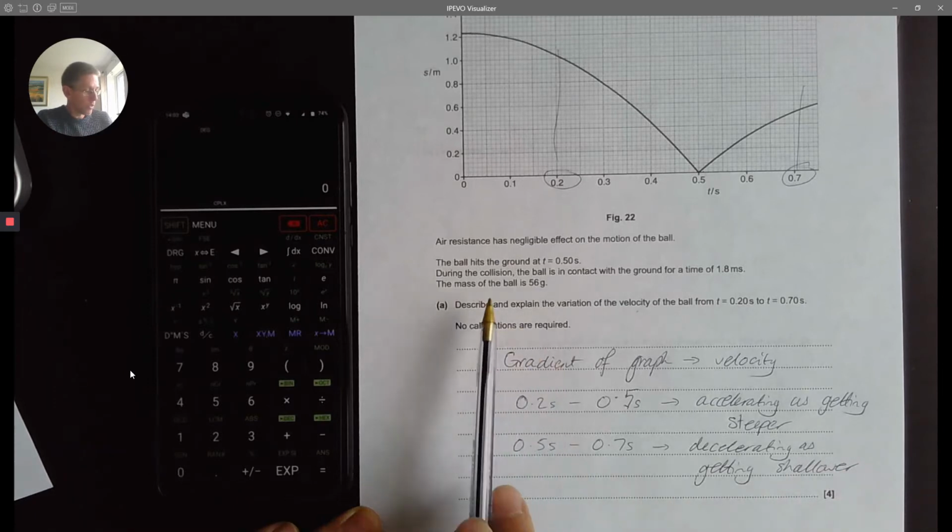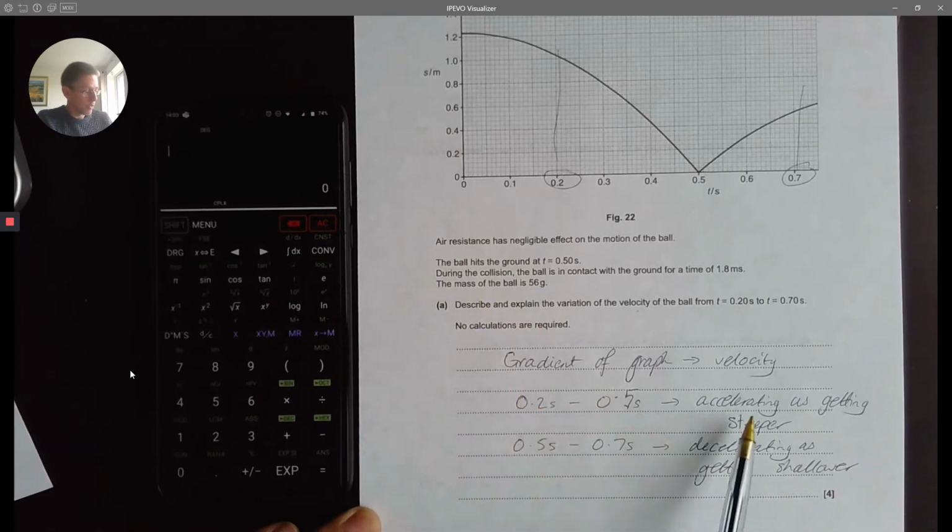So we're describing and we're explaining. The description bit's the acceleration, the explanation bit's the reference to the gradient. So we've said 3 things, so we're probably on our way to 3 of the 4 marks.